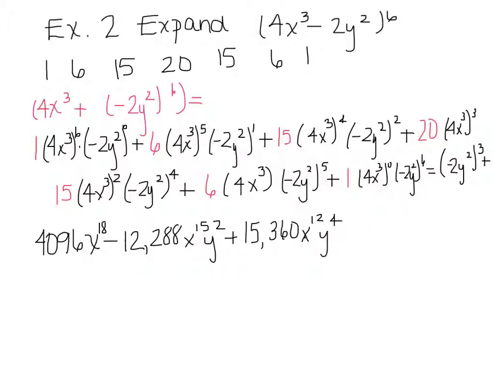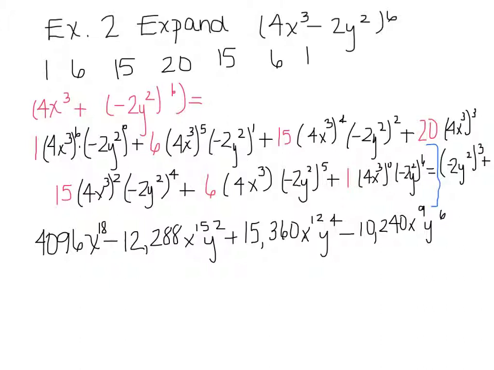Then my next term, which is negative 2 cubed, which is negative 8, times 4 cubed times 20. Now that gives me a minus 10,240 x to the 9th, y to the 6th.